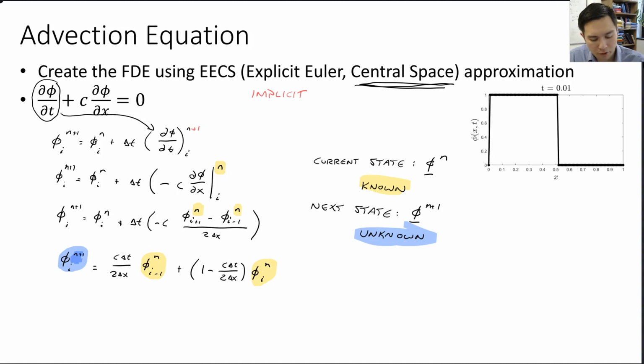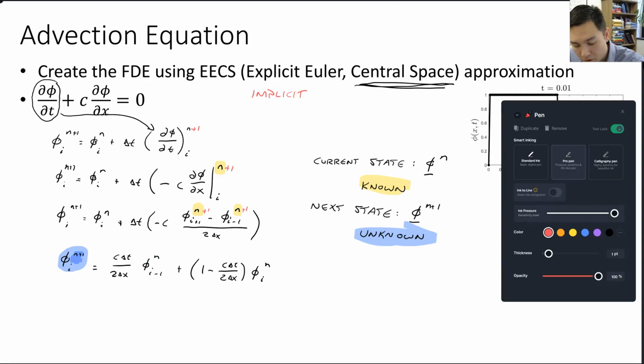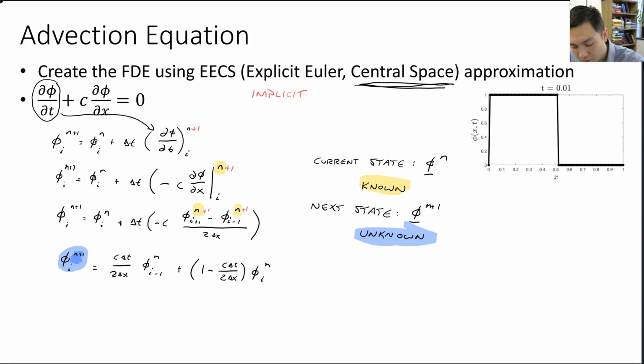Okay, well, what are the ramifications for that? Well, now our spatial derivative is evaluated at time index n plus 1, which means so should our substitutions for our finite difference equation. Now this has the following ramification. Now we have a little bit more difficulty combining these things, so we'll maybe label this properly as the explicit Euler equation.